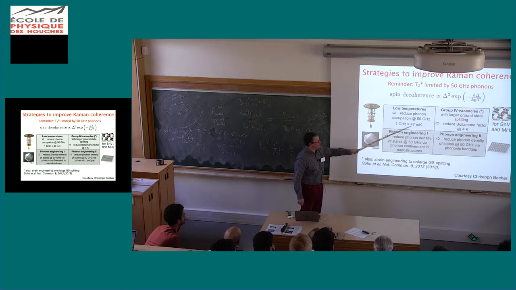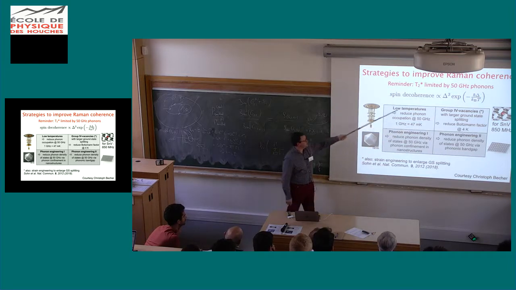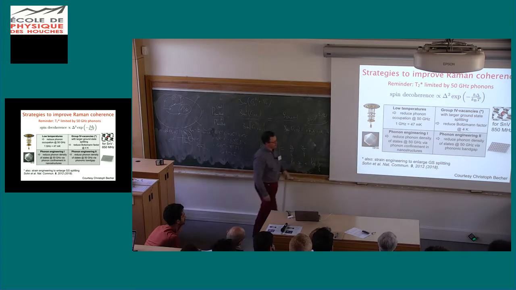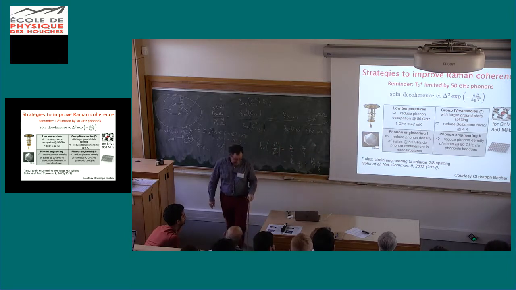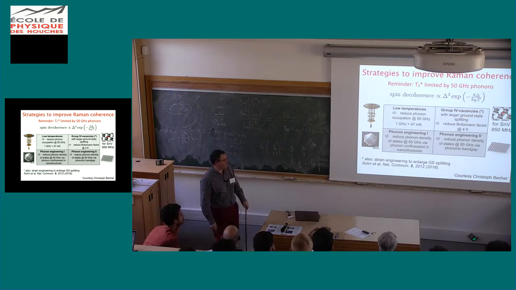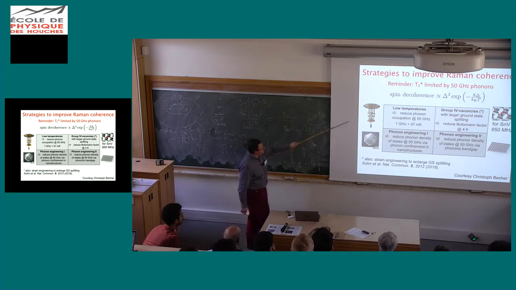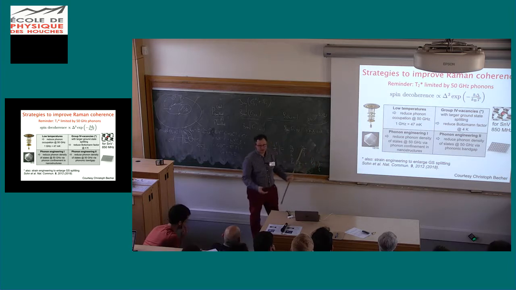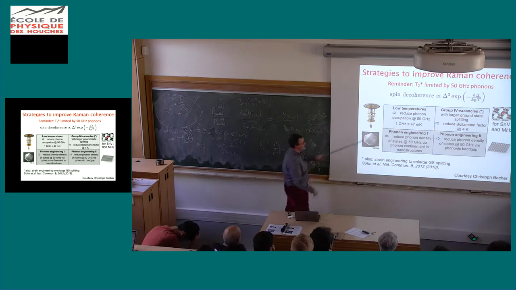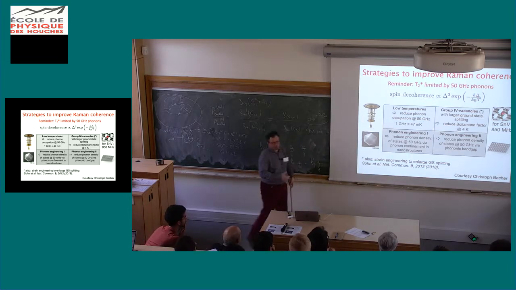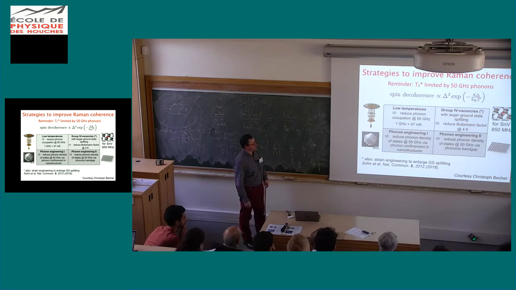But as 1 gigahertz is 47 millikelvin, you need to go into a dilution fridge. There were first experiments realized where people investigated the CPT effect by putting the silicon vacancy in a dilution fridge with an optical access. And indeed, they observed a first reduction of the phonon occupation corresponding to an improvement of the coherence time.